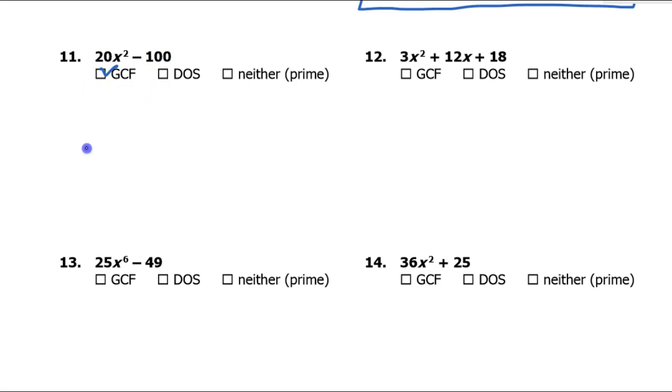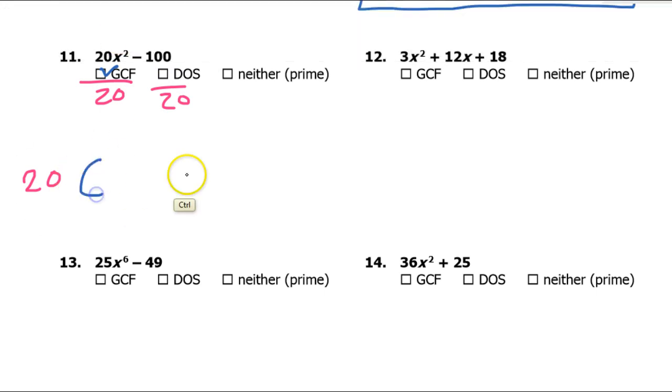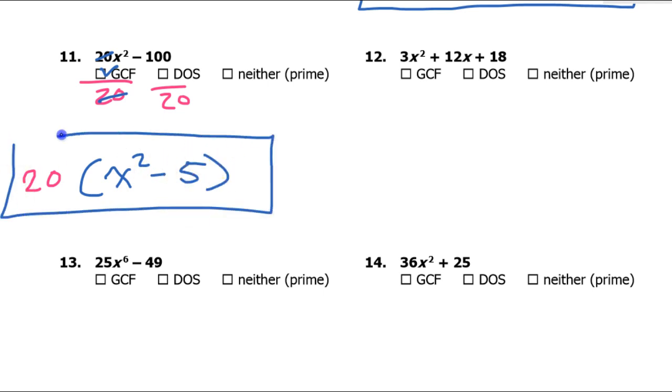So that means 20 is going to be my GCF. And I need to divide everything by 20 to figure out what goes inside the parentheses. So in this case, the 20s are going to cancel each other out, and that's just going to leave x squared. 100 divided by 20 is 5. So this is going to be the final answer.